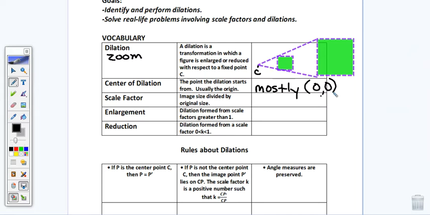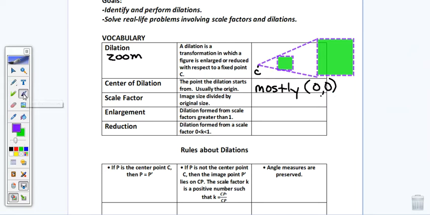Scale factor. Scale factor simply means it's the image size divided by the original size. So if I say, hey, take this shape and double it, what's your scale factor? 2, okay? If I say triple it, what's the scale factor? 3, okay? We'll talk about what that means, but there's a rule for finding scale factor, and I think this is pretty important.